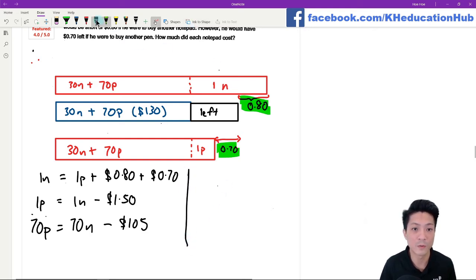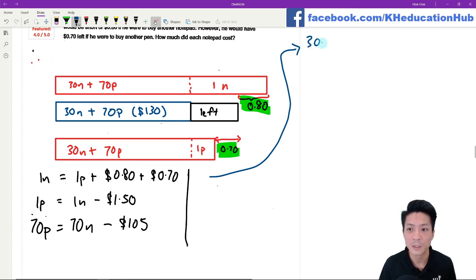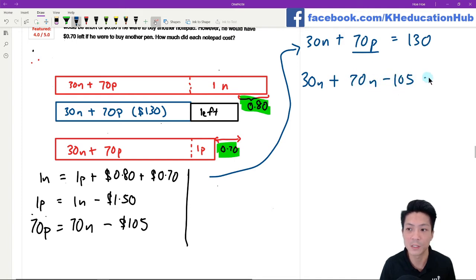Okay, so now if we look over here, we know that I'm gonna write over here. 30 notepad plus 70 pen is equals to $130, right? Okay, this will be replaced with 30 notepad plus 70 notepad minus $105 is equals to 130.